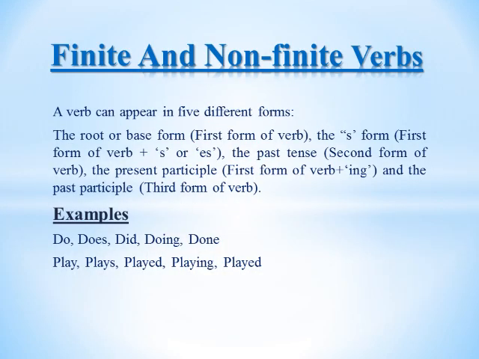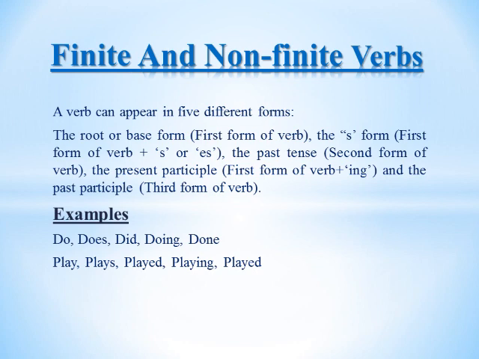Dear students, first of all, we will learn about finite and non-finite verbs. We all know that a verb can appear in 5 different forms. The root or base form, that is first form of verb. The S form, that is first form of verb plus S or ES.